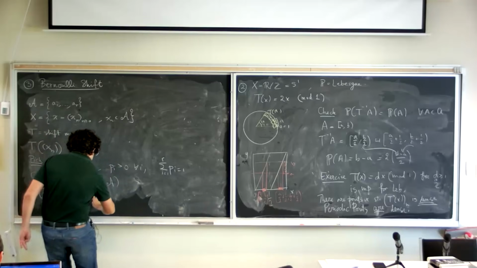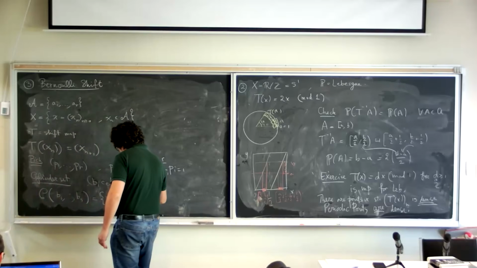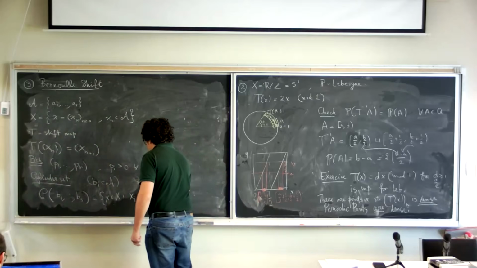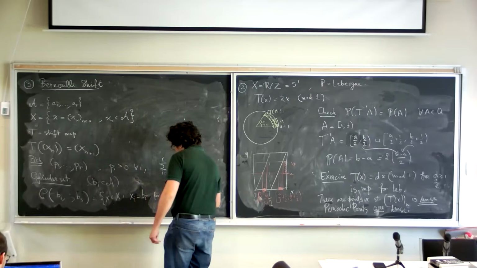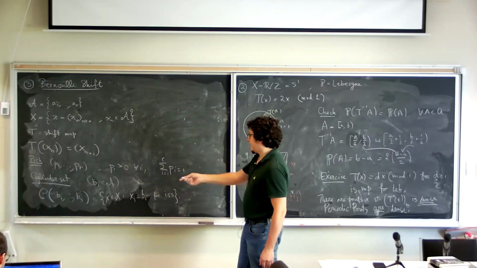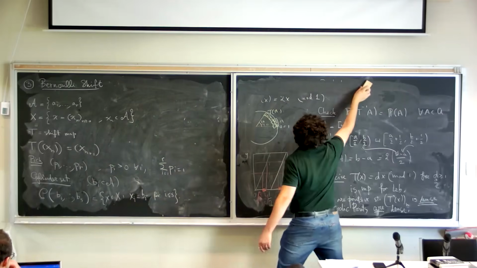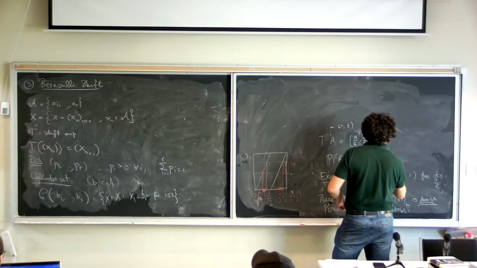And what is a cylinder? Well, it's just a set of x in the space, the set of infinite sequences such that x_i equals B_i for i less than S. So these are just the set of sequences that start with this. Finitely many options.